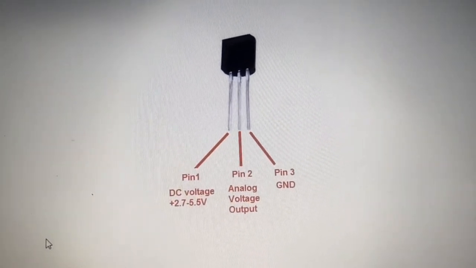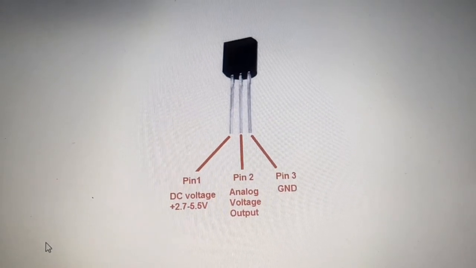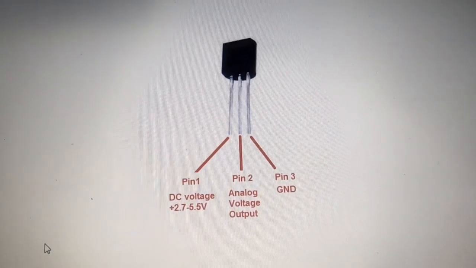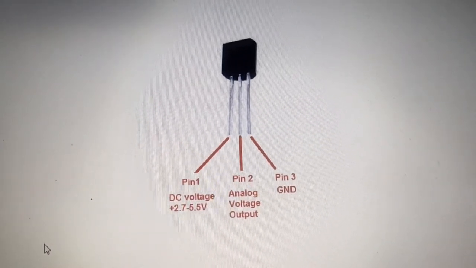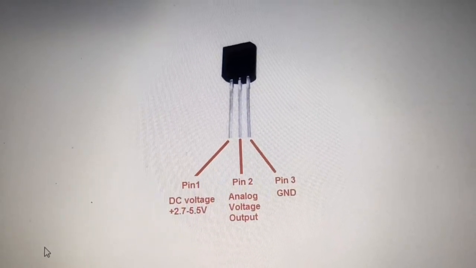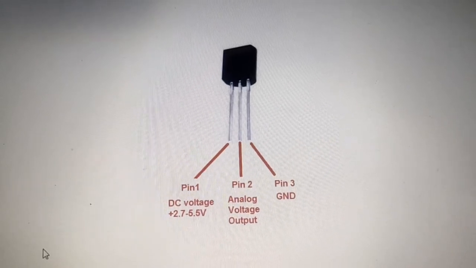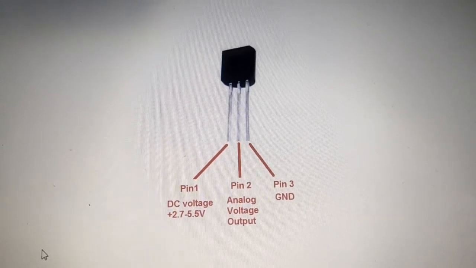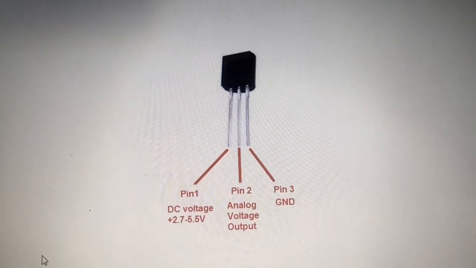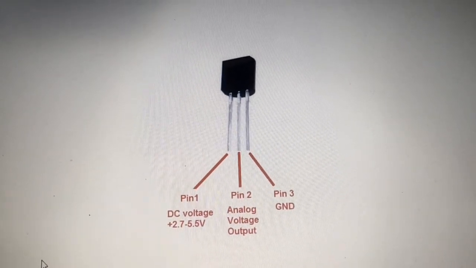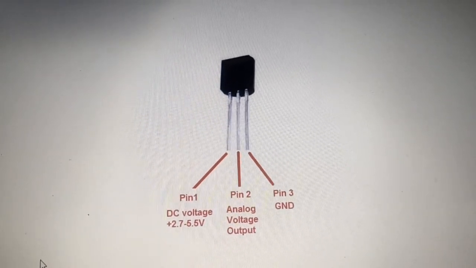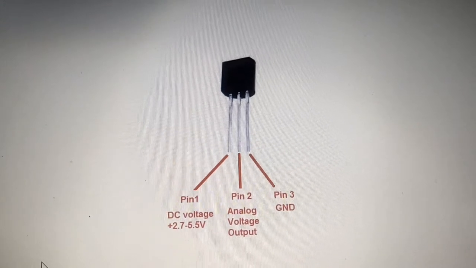Then the second pin is an analog voltage output pin. In Arduino, A0 to A5 are analog pins, so the second pin is connected to one of A0 to A5, and pin number 3 is connected with ground in Arduino.